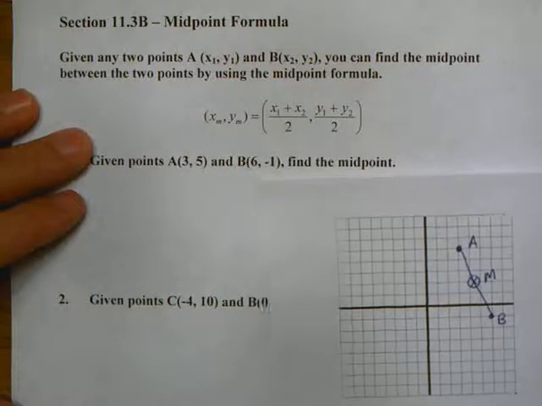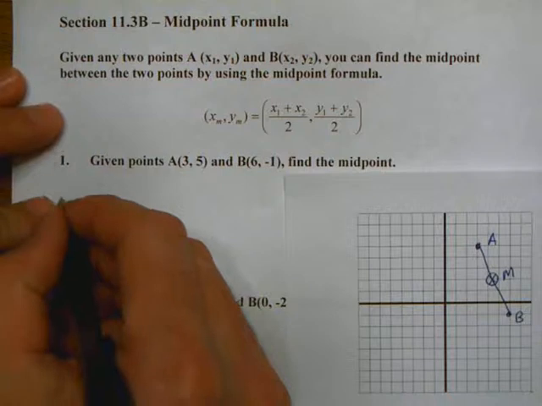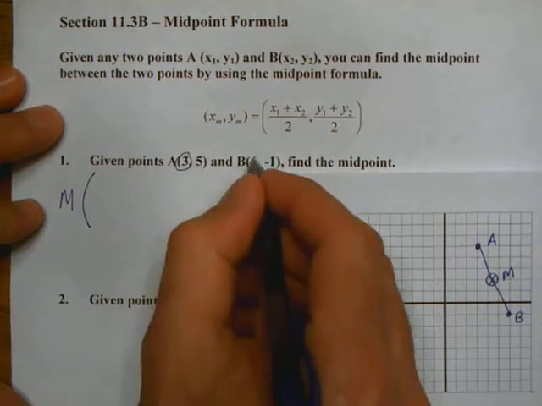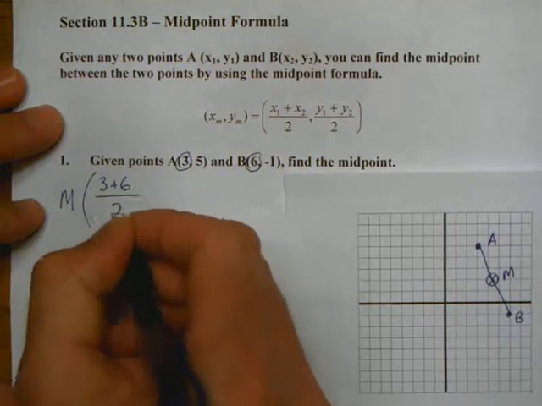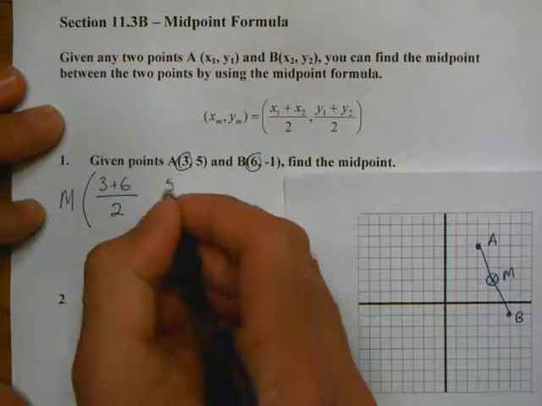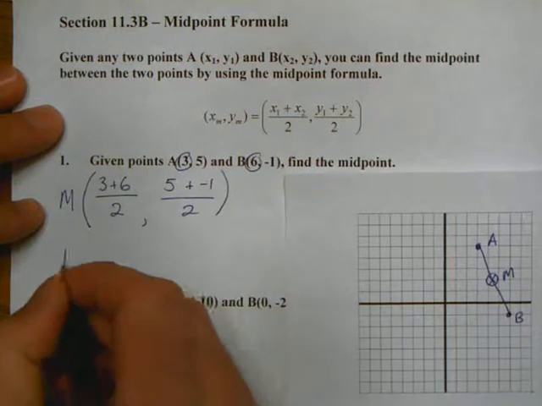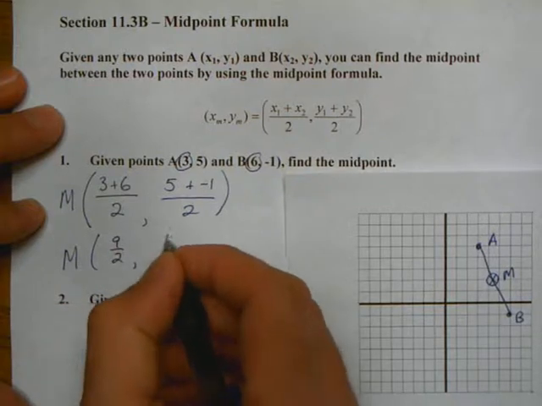Now I'd like to show this same idea algebraically versus visually. To find the midpoint of 2 coordinate points, we're going to add up the x's, 3 plus 6, and divide them by 2. Then we're going to add the y's, 5 plus negative 1, and divide those by 2.